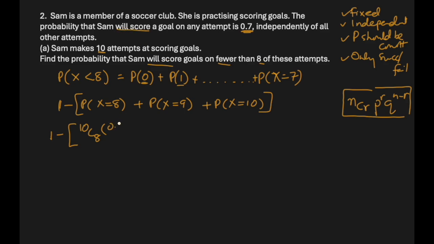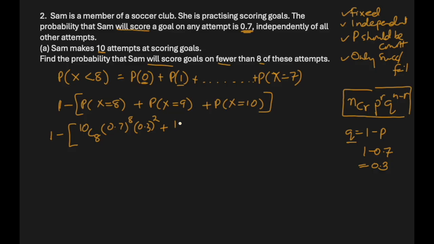0.7 to the power 8. And that means the failure or rest of the two attempts, she fails. And what is the value of q then? q is always 1 minus p, which is 1 minus 0.7 or 0.3. So we got probability of failure 0.3, that we'll keep here.